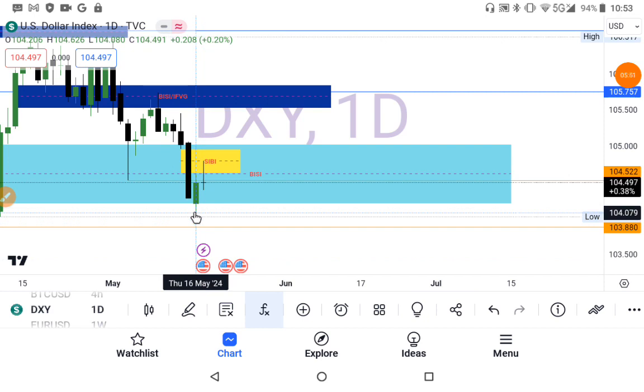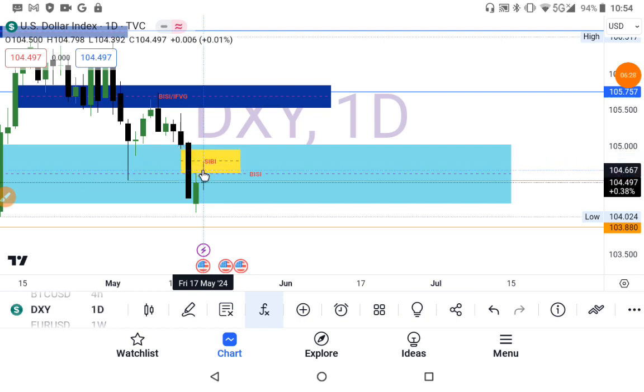So 104.080 is expected to be attacked, and 103.880 is expected to be delivered the coming week, because the movement on Wednesday created a fair value gap, and on Friday we were able to trade into that fair value gap up to the consequent encroachment.